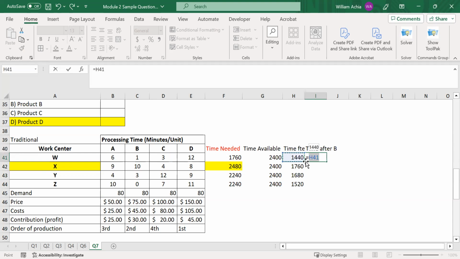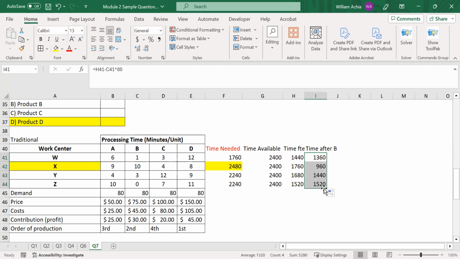Let's subtract the amount of time it needed to make 1 unit of B, multiplying that by the total demand, which is 80 units. And we're down to 1360 minutes here.